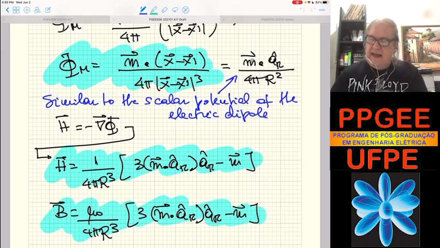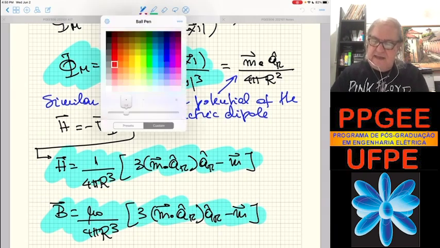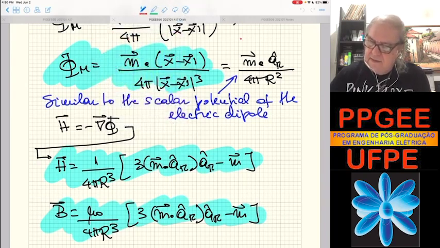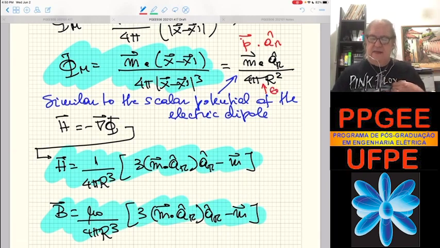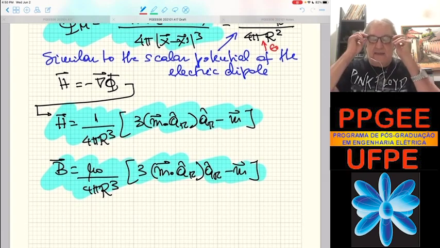In the electric case, we had P dot AR, then we will have an epsilon 0 here.